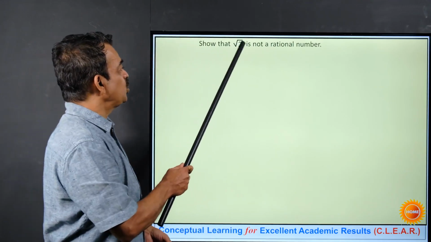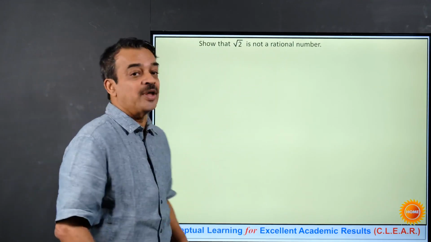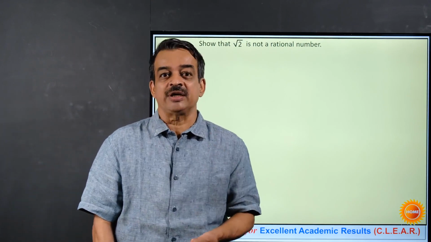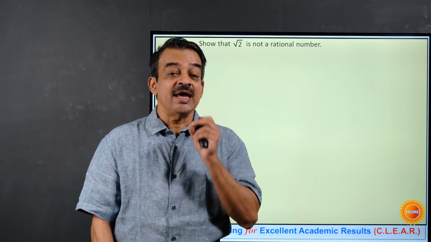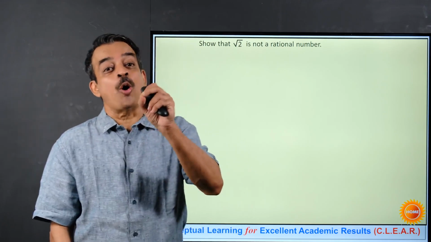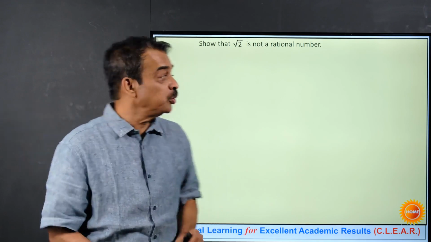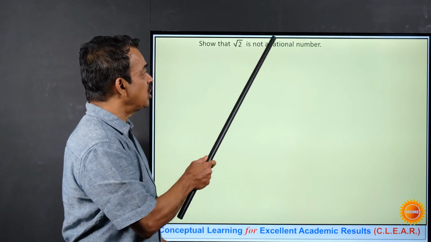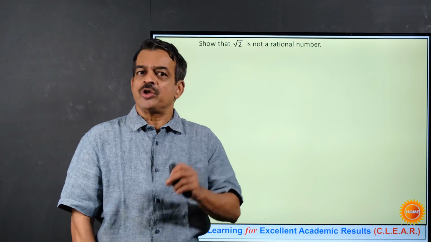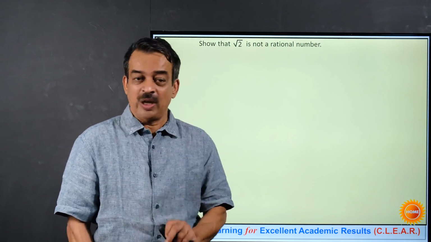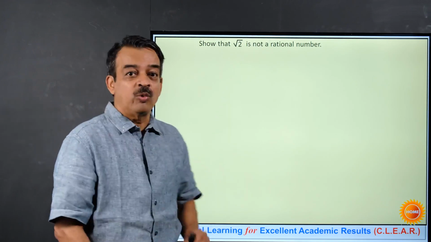Show that root 2 is not a rational number. Just now I said in the first step of my answer, what I have to write is exactly the mathematically opposite statement to what you have to prove. What are you supposed to prove? Root 2 is not a rational number. Now there are two ways to make this statement opposite mathematically. One is you cancel the word not.